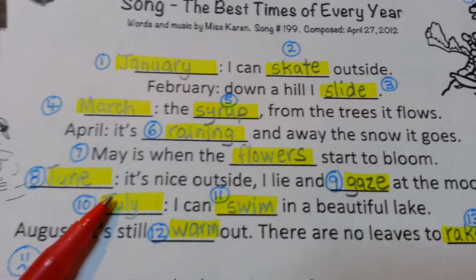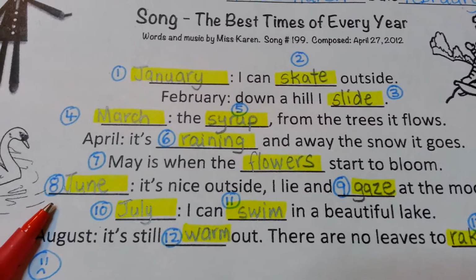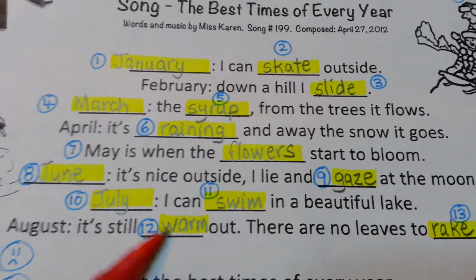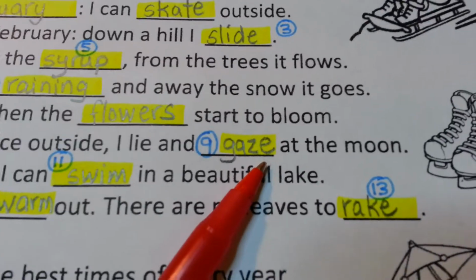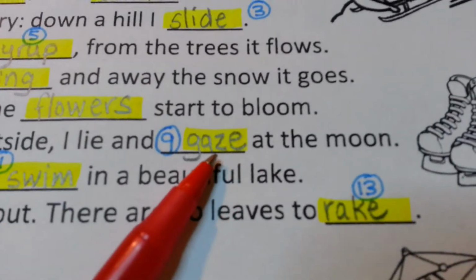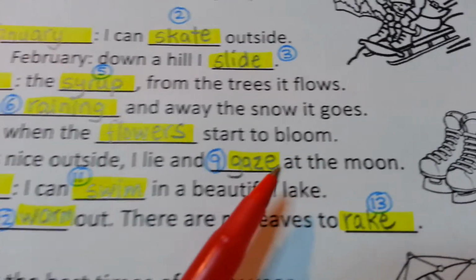June, it's nice outside. June, the month of June. That's number 8. It's nice outside. I lie and gaze. To gaze means to look at something for a long time. I lie and gaze at the moon.